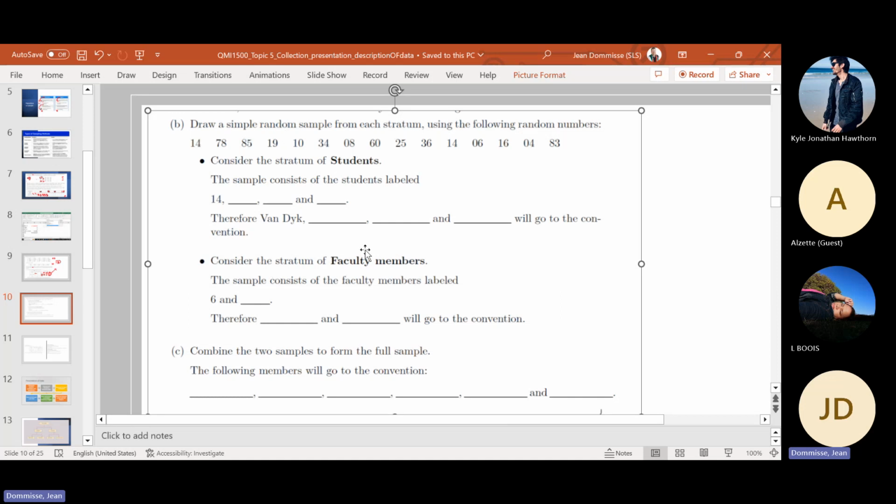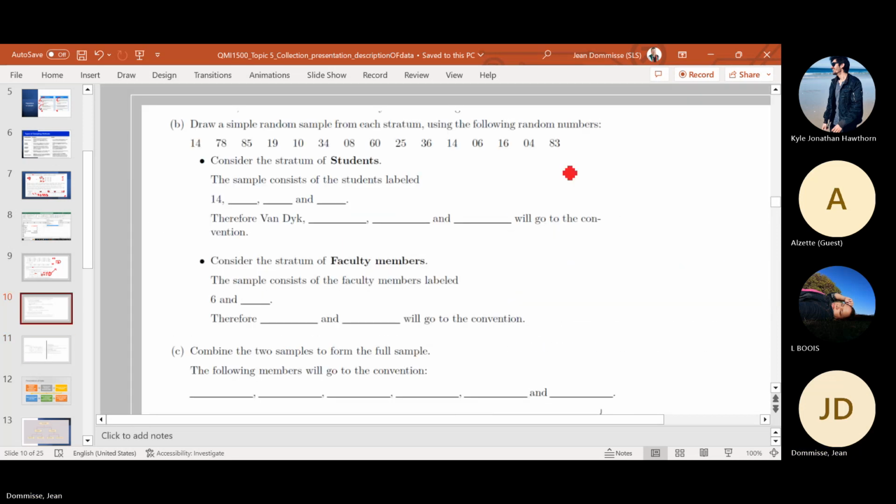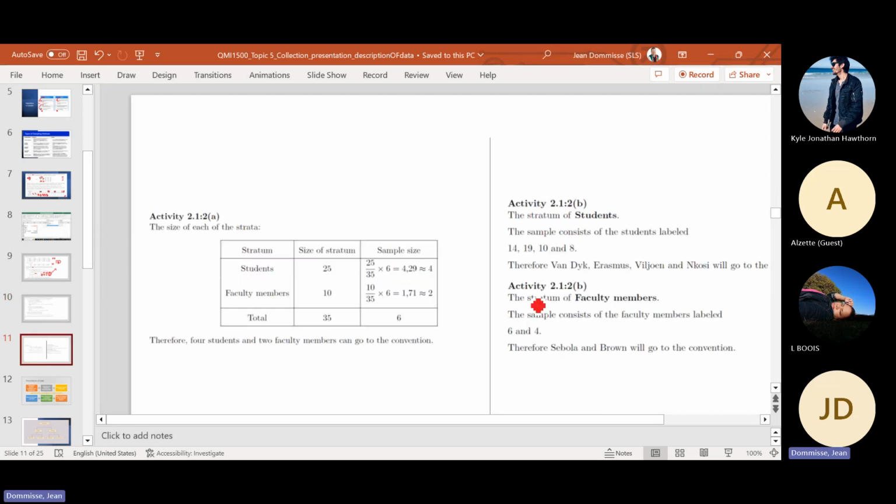So which one is a student or which one is a faculty member? But again, I don't see them going into this detail, but I have also added the answers to that for you.